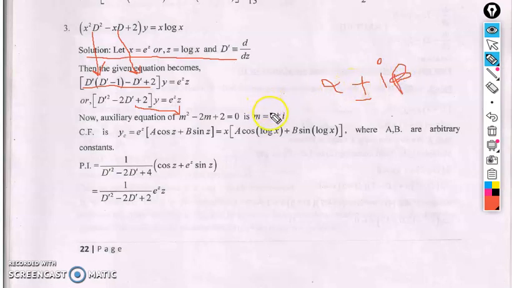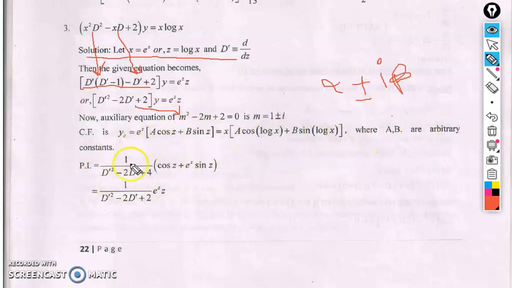Here alpha is 1 and beta is 1, so the CF becomes e to the power alpha z, a cos beta z plus b sin beta z. If we substitute z in terms of x, because the original variable is x, z becomes log x, so e to the power z becomes x, and z becomes log x. a and b are arbitrary constants.